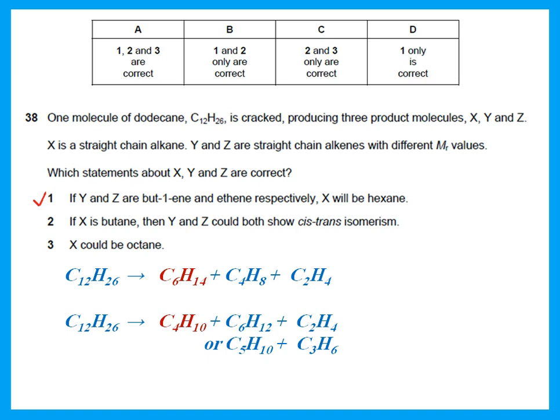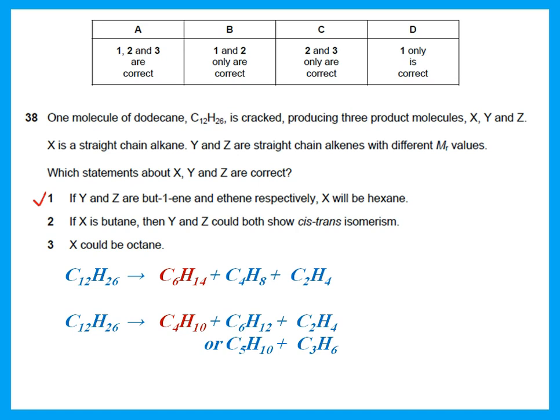If X is butane, Y and Z should show cis-trans isomerism. Well, let's see. If dodecane breaks up to form butane, so X is butane, C4H10, then what are Y and Z? He's saying Y and Z should both show cis and trans. Well, remember, they have to be different alkenes.